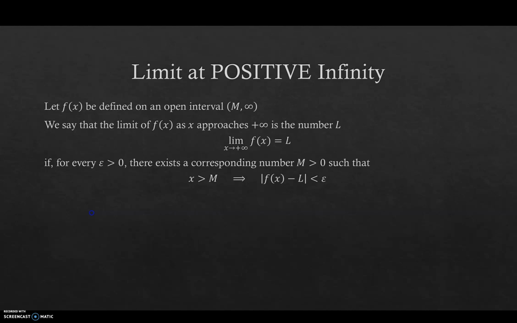We say that the limit of f of x as x approaches positive infinity is the number L, written using this notation, if for every epsilon greater than 0, there exists some corresponding number m, again, m is a big number, such that any x values greater than m put me close to L, put me within epsilon of L, okay? So, again, we're going to approach this visually, but notice again, we're changing up this first part, but since the second part is a number, I'm going to leave that alone, okay?